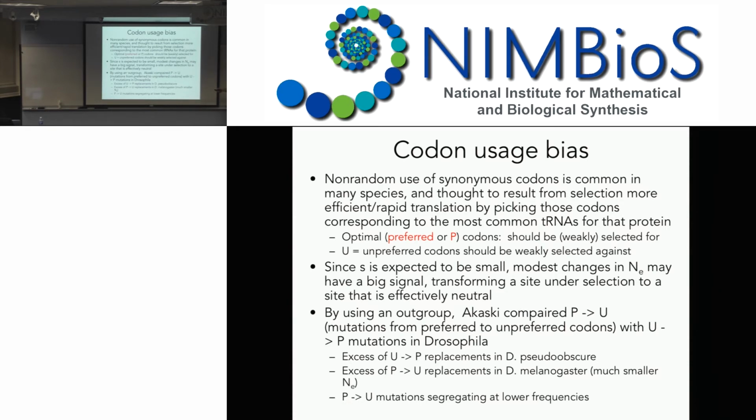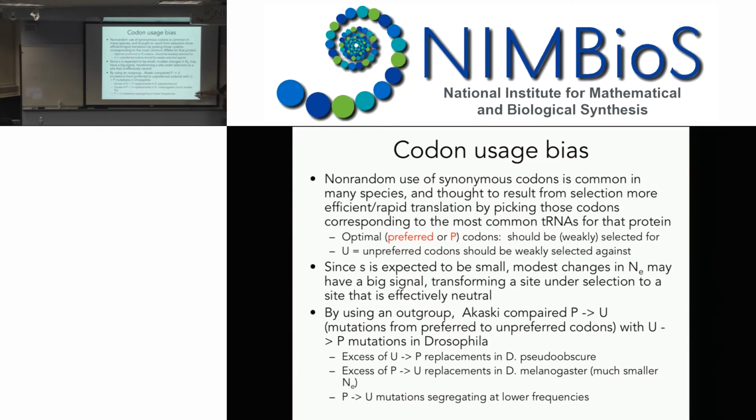Using an outgroup, that was a comparison between transitions from preferred to unpreferred codons with mutations that go from unpreferred to preferred. So if there's selection, and I account for mutation rates, we expect these to be far less than those once I adjust for mutation rates.